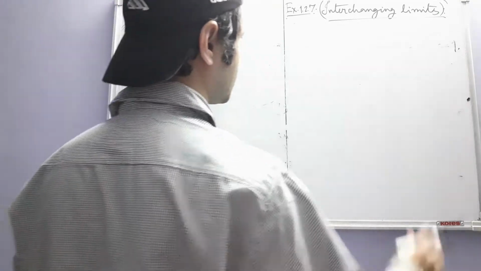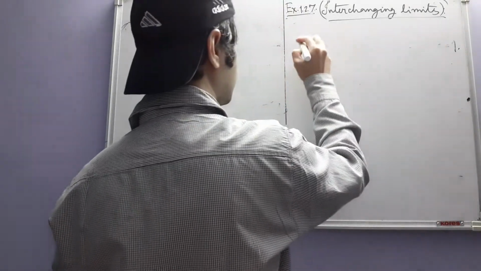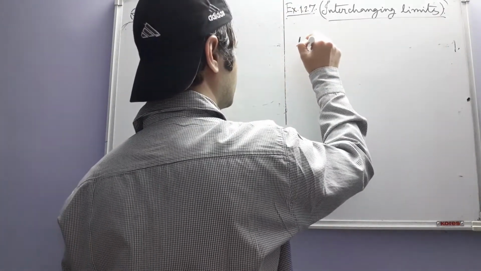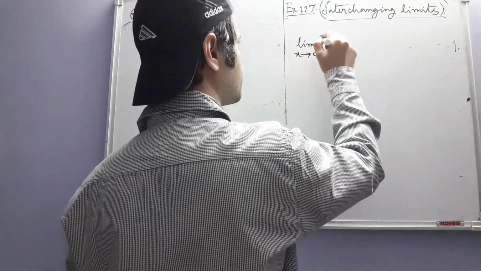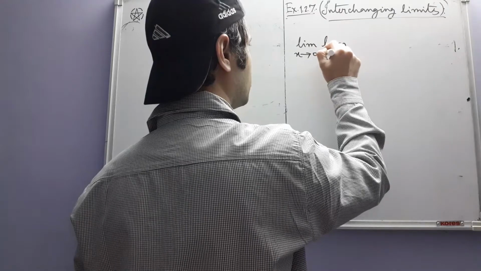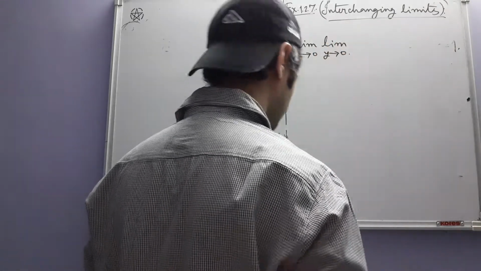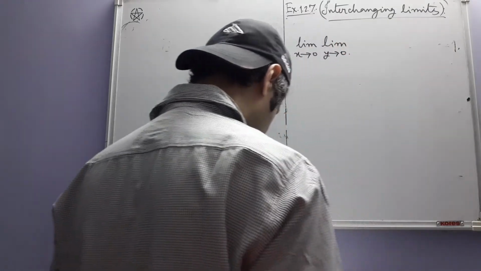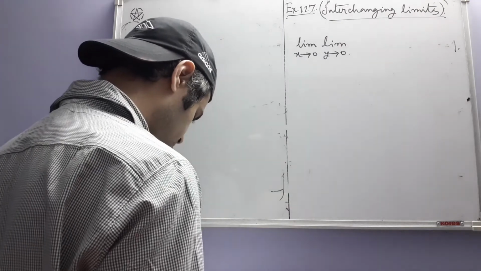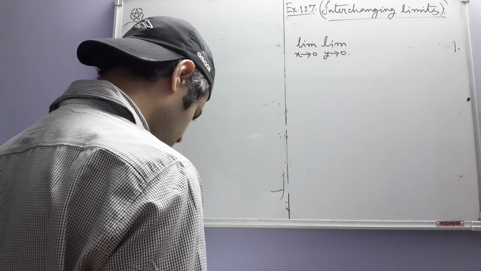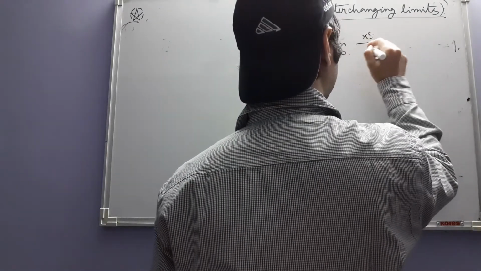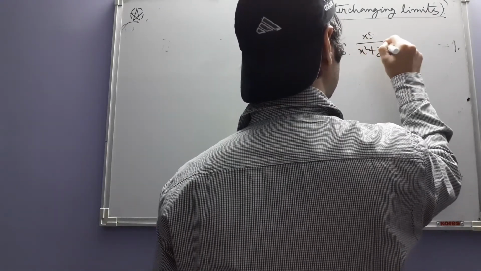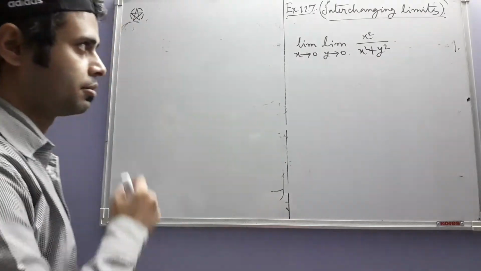Anyway, let's first see the first one. Limit x tends to 0, limit y tends to 0. What was the function? X square divided by x square plus y square.